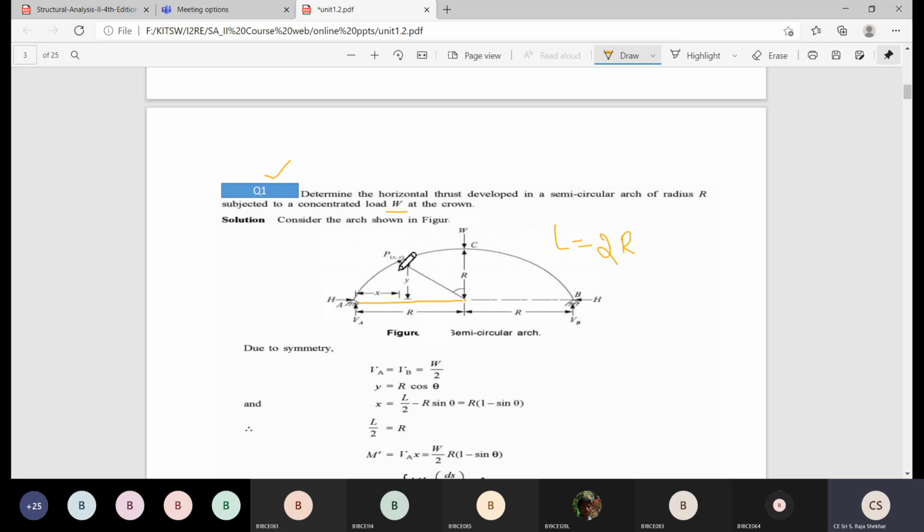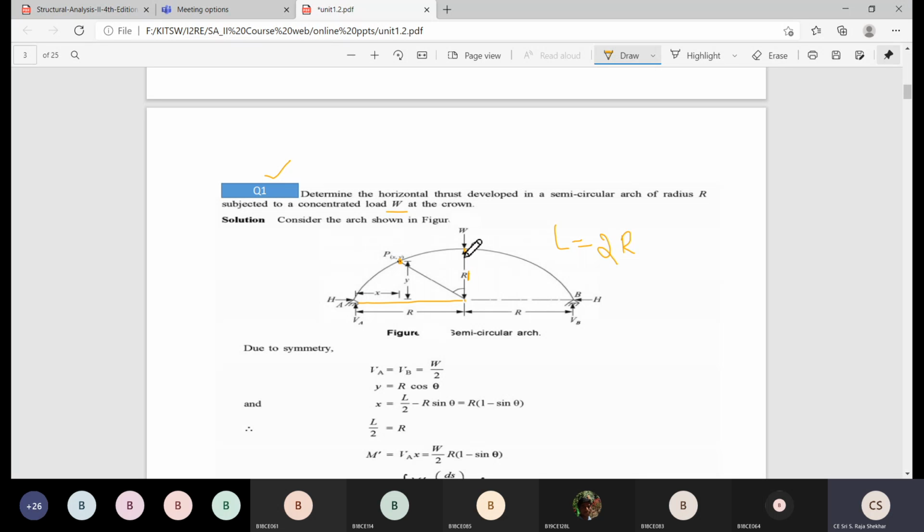I am locating a point P, which is located at a distance of x from the left support. The y ordinate of this point P is y. The vertical ordinate at the crown is capital R. This is also called the rise, and it is also equal to the radius of the semicircle.